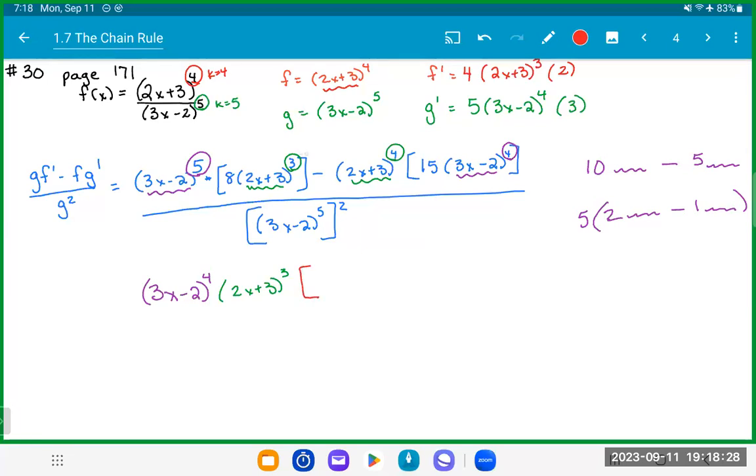If I look at this first term and say I pulled out 4 of the purple, that's going to leave me 1 of them left because I had 5 to begin with. And then I am going to be left with the 8. That 8's still going to be there. I'm going to move it to the front because it's more proper to put the constants in the front. And the 3, the green, goes away because I've already factored those out.